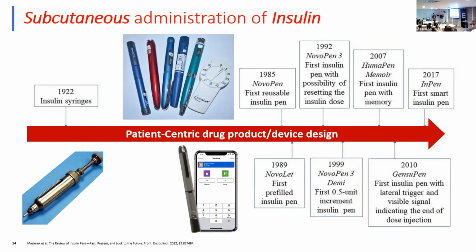So really here we can see the evolution of patient-centric drug product device design with regards to the insulin pens and all the features that have been added over the years to ensure that from the patient perspective, all the needs can be met.